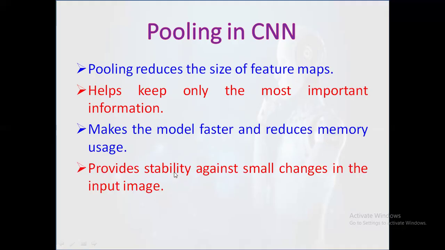So if there are any distortions in the image, pooling handles these small shifts or distortions in the input image. It makes the network more robust. This means even if something moves slightly in the image, the convolution neural network can still recognize it.